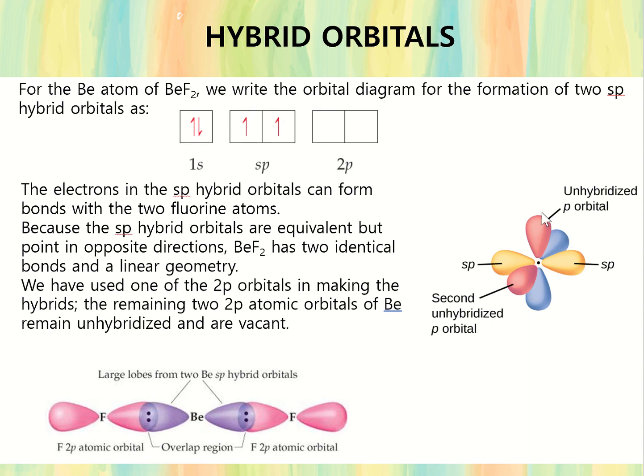So one is vertical, the other is horizontal in the same plane as the sp orbital. So this is literally how it looks.